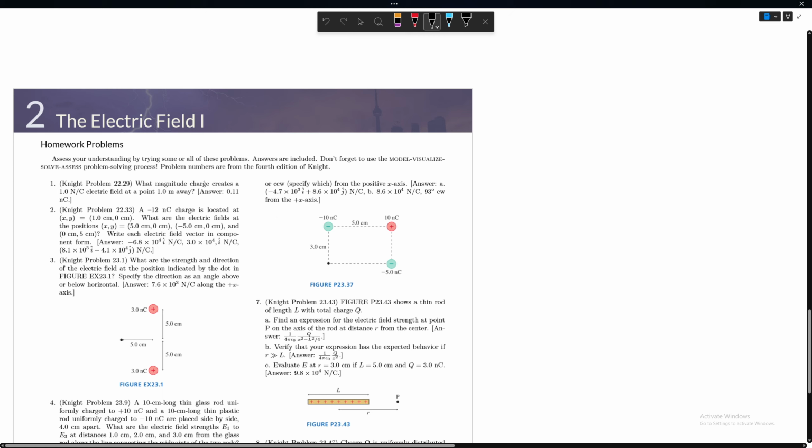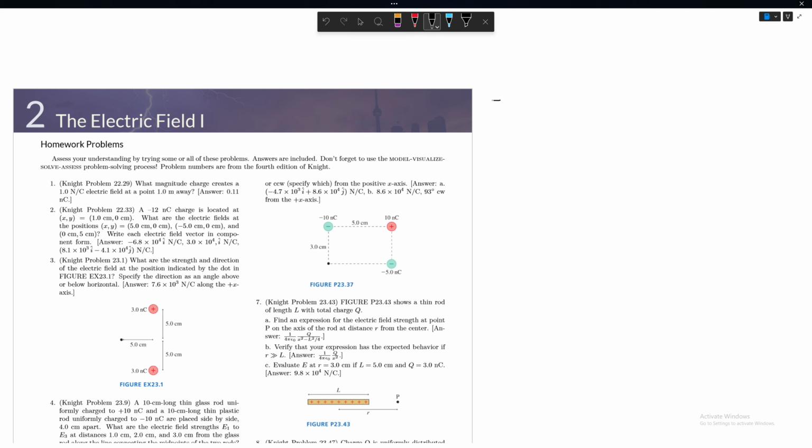What magnitude charge creates a 1 newton per coulomb electric field? So your E is measured in newtons per coulomb, okay? So I have my E equals 1, at 1 meter away. So my r is 1 meter, okay? And so what this is saying is I have some charge here. I don't know what the charge is, negative or positive.